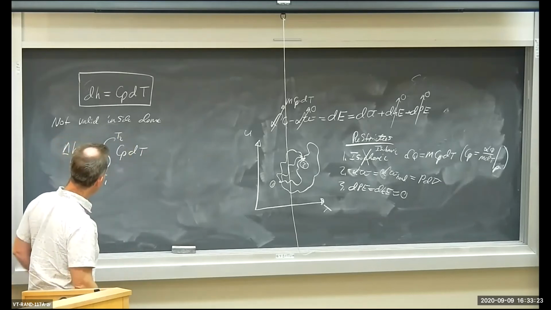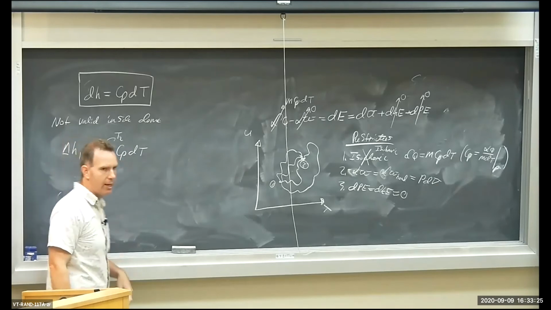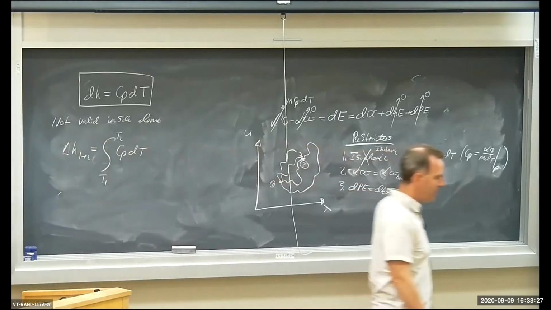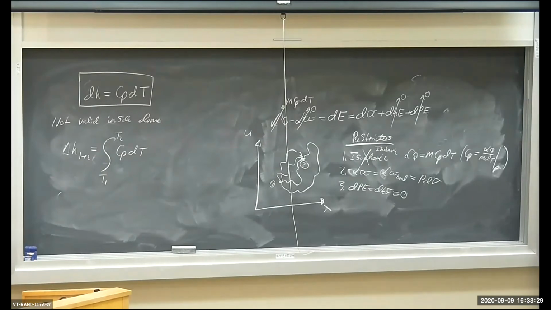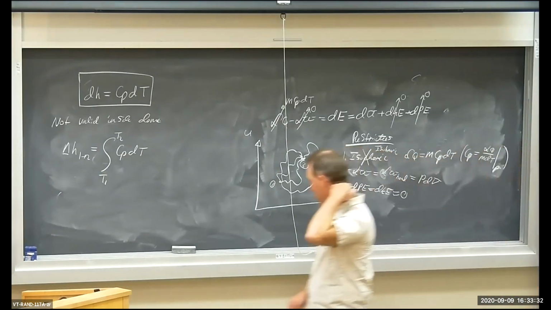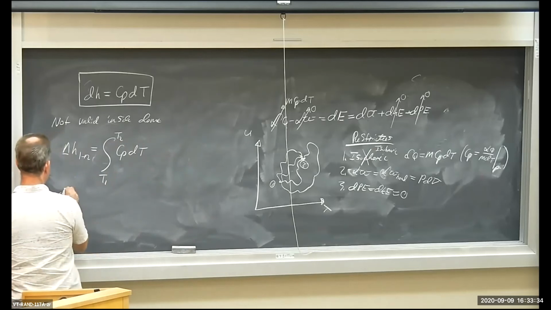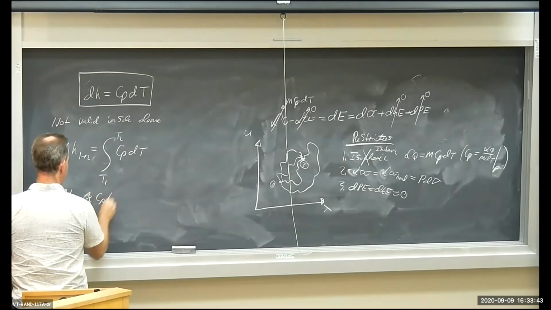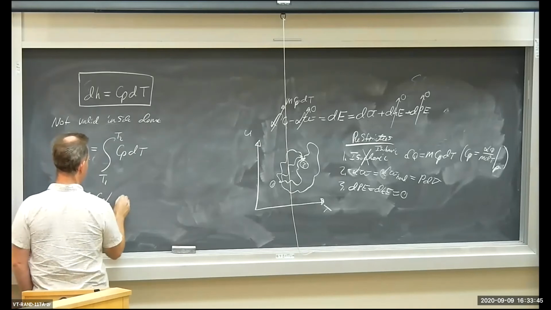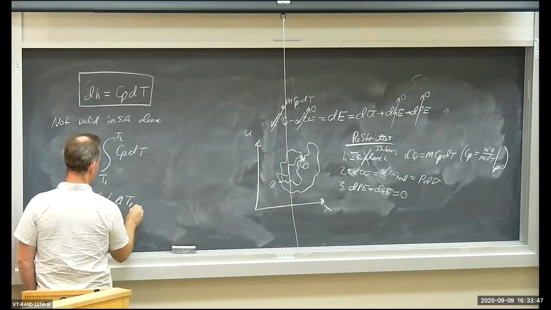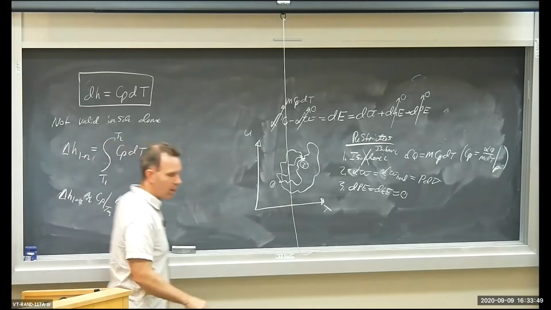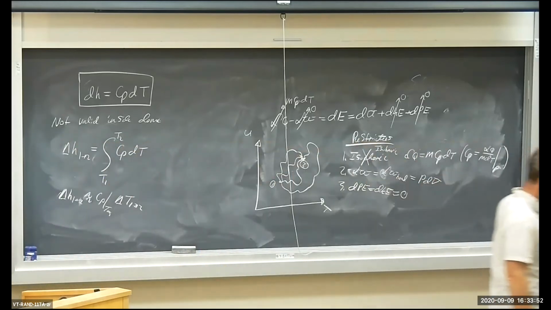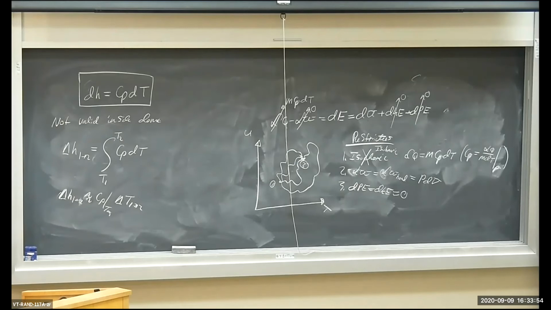And if you want to assume constant specific heat, you can pull this out of the integral and you get Cp evaluated at some average temperature times delta T. So sometimes for a small delta T, delta H is approximately Cp evaluated at some average temperature times delta T from 1 to 2.